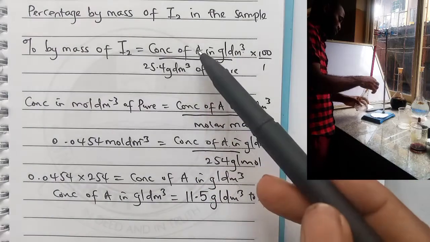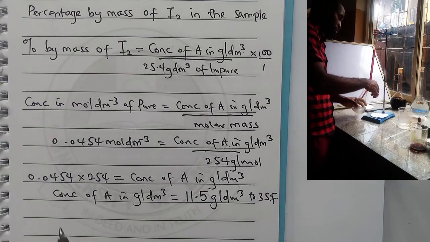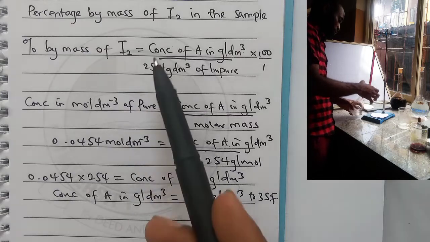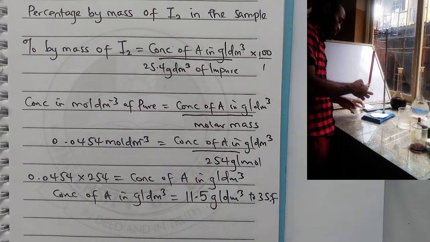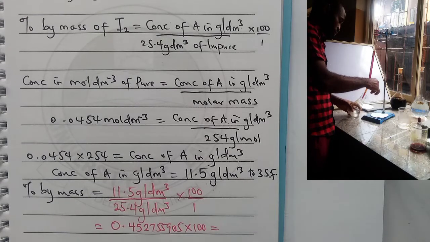Therefore, we equate this all over this times this. So we have gotten this value here, and we substitute it here. Then we get our answer, leaving it at 3 significant figures.